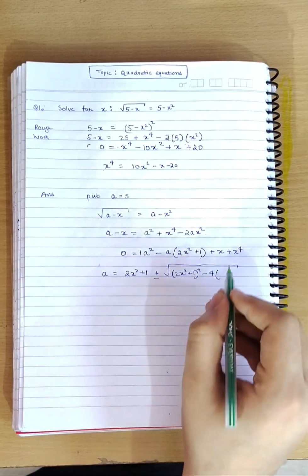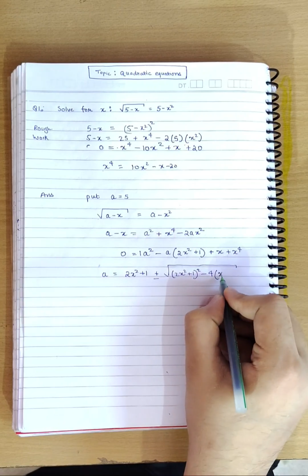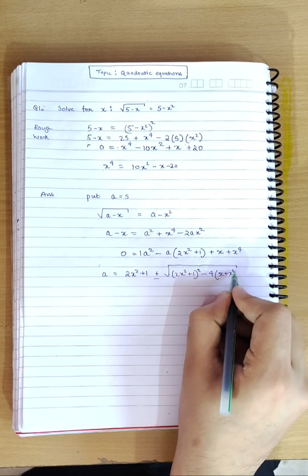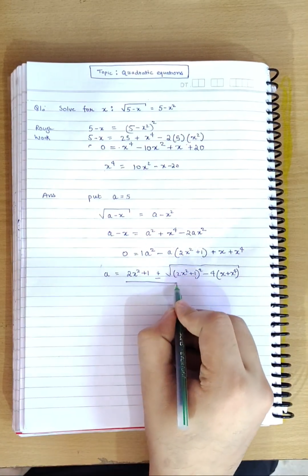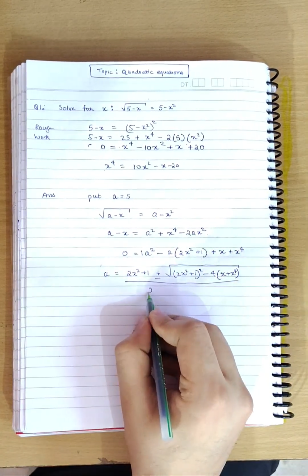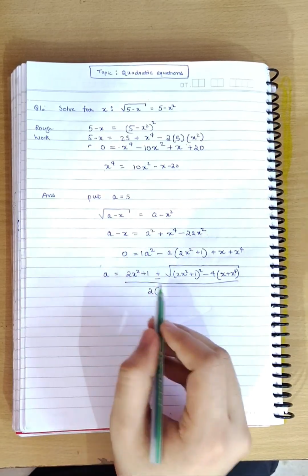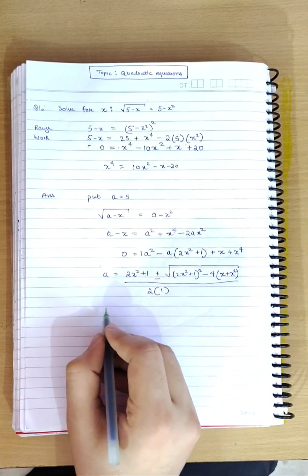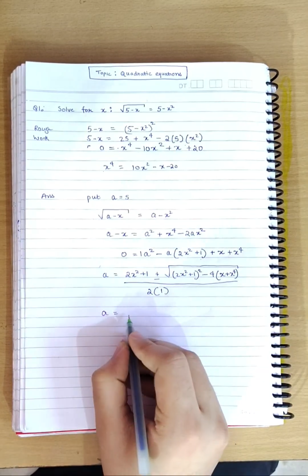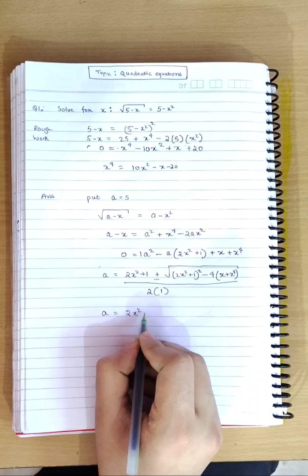A is 1 here, and c is x plus x to the power 4, upon 2 times the coefficient of the a square term, so that's 1. So let's try to solve it from here.